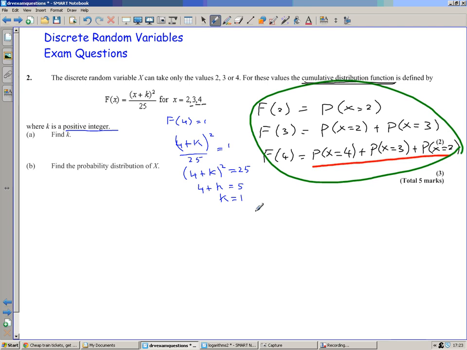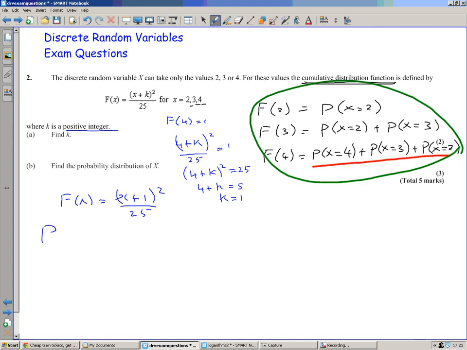So to write up the probability distribution, well, we now know F(x) equals (x plus 1) squared over 25.